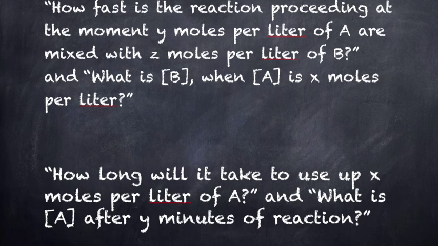For integrated rate laws, we answer questions such as how long will it take to use up X moles per liter of A, and what is the concentration of A after Y minutes of reaction. So in integrated rate laws, we include time as a variable.